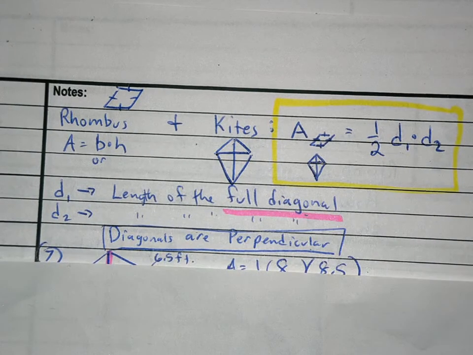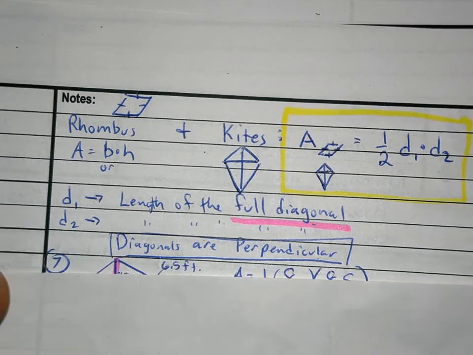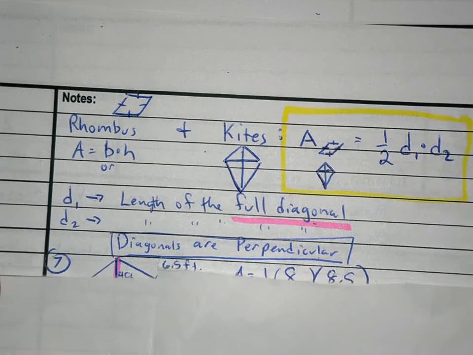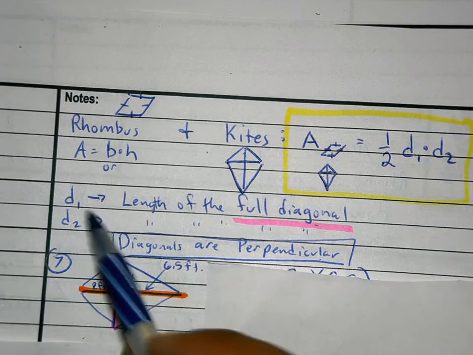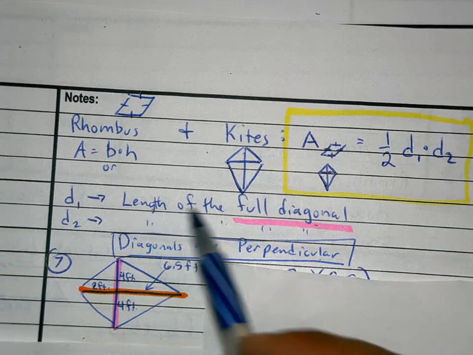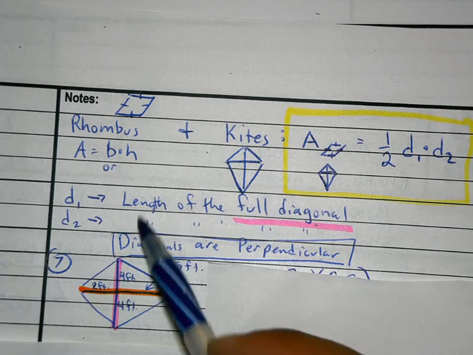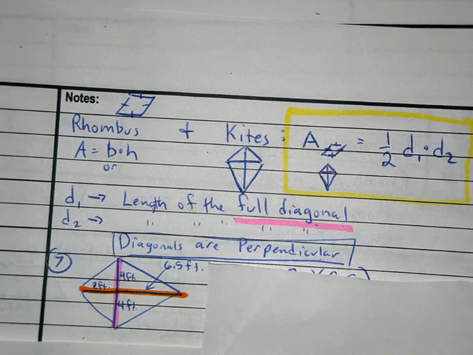That means the distance from one corner all the way to the other corner. And they are going to try to trick you, and I'll show you what I mean when I give you example number 7. D1 is the length of the full diagonal. D2 is the length of the full diagonal as well, just so you're aware.